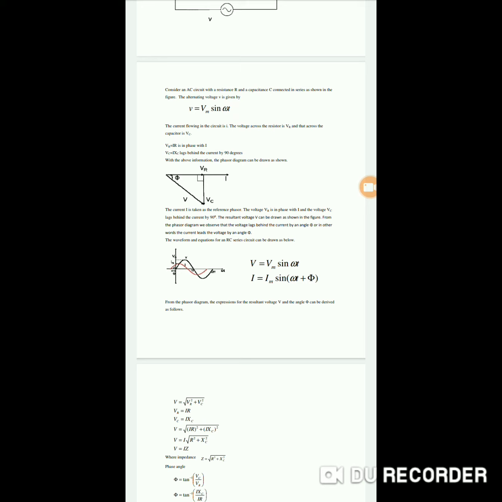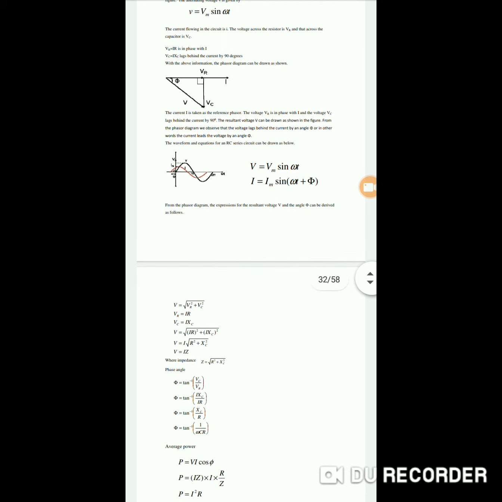Now we'll calculate the expression for the voltage and the angle phi. V is equal to the square root of VR square plus VC square. We know that for the resistance it is IR, and for the capacitance it is I XC.